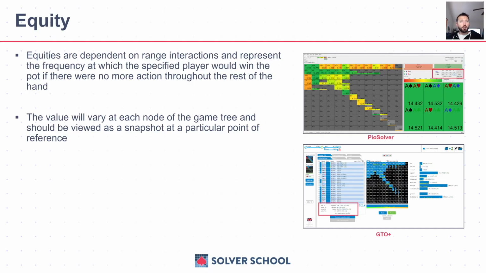But after one player checks or after one player bets, by default, they are going to narrow a little bit of their range, assuming that they're not taking 100% of their hands and putting them into one of those different actions.